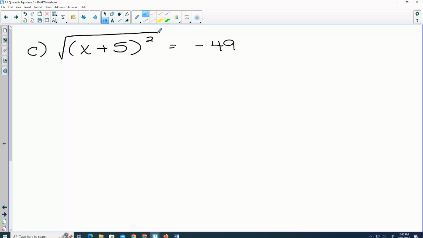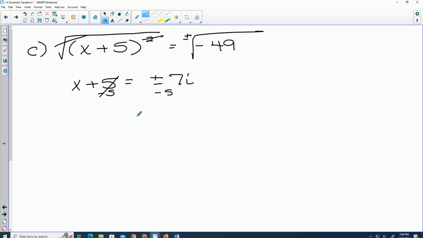You add a square root, and a square root and a square cancel. What is the square root of negative 49? Now, when I try to move my 5 over, I'm subtracting it. Can I combine it with my i? No. How do I want you to write your answer? Standard form, a plus bi. So we would say negative 5 plus and minus 7i.